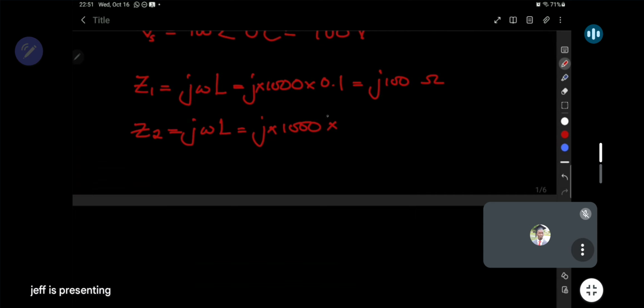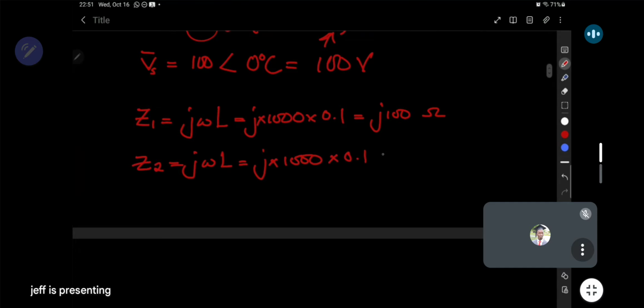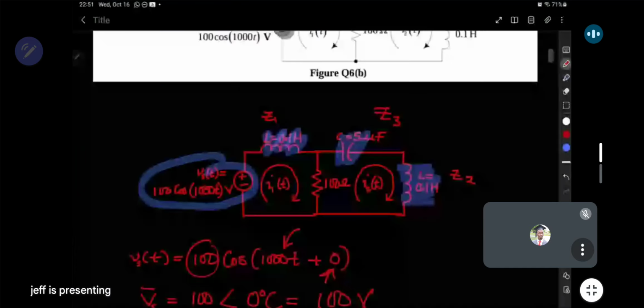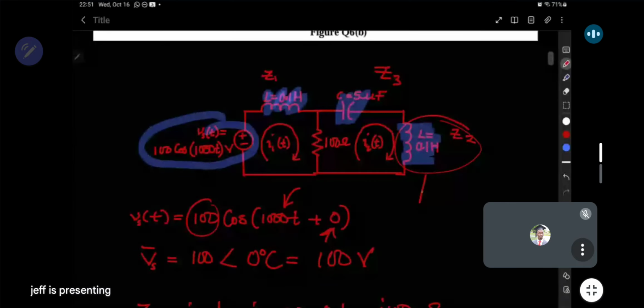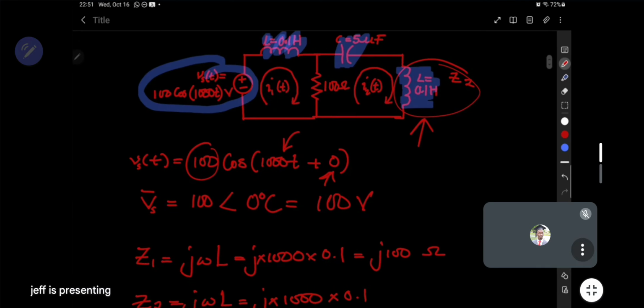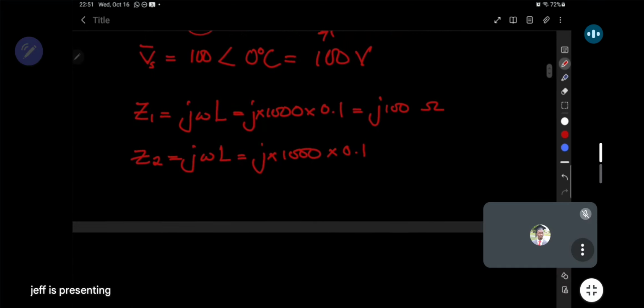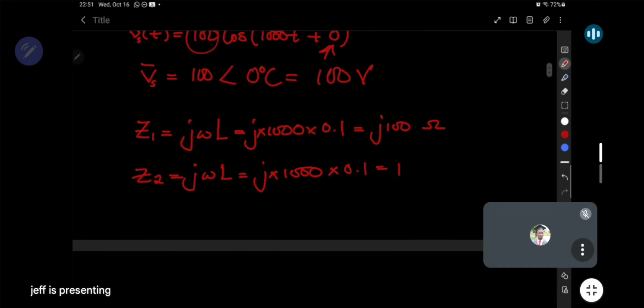And even here, the inductance is 0.1, as you can see here. Based on that, when we simplify, it reduces to the same impedance. So we're done sorting out the inductors.